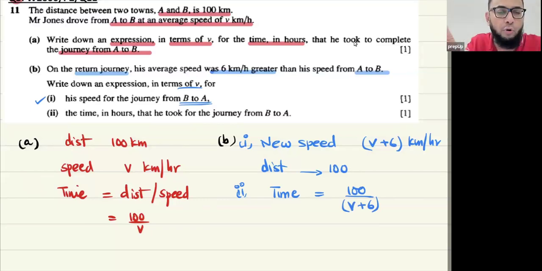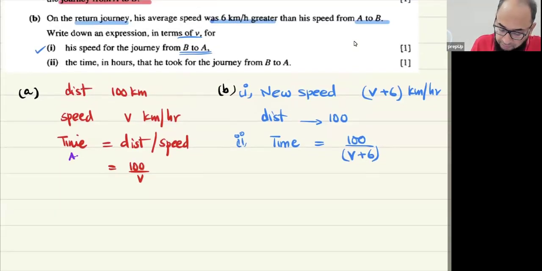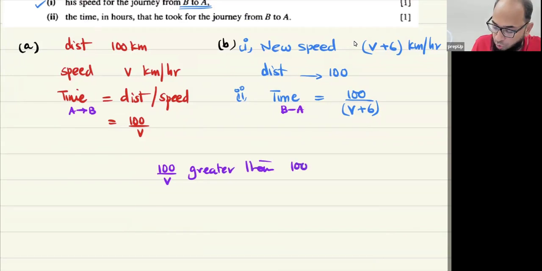When the speed is more, the return journey time would be less. So this is the time going from A to B, and this is time B to A. So 100 over V will be greater than 100 over V plus 6. All good? All clear? Now let's move to the next part.